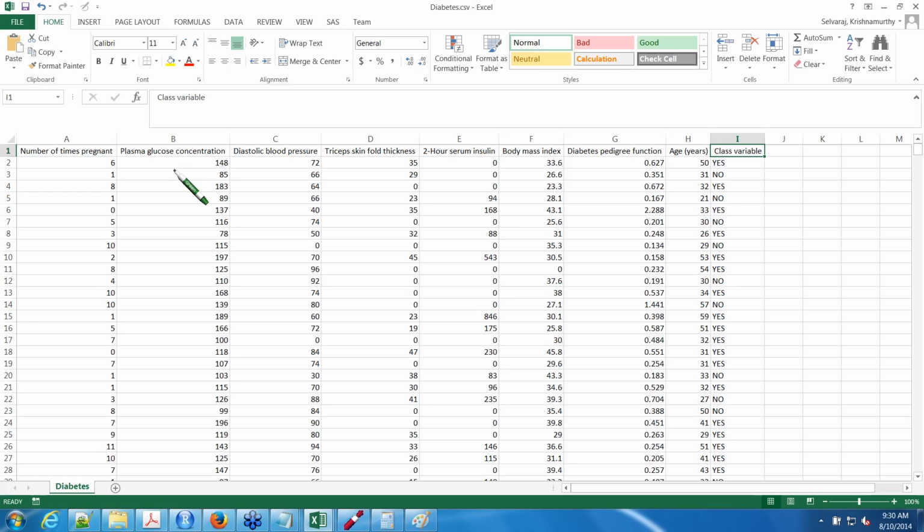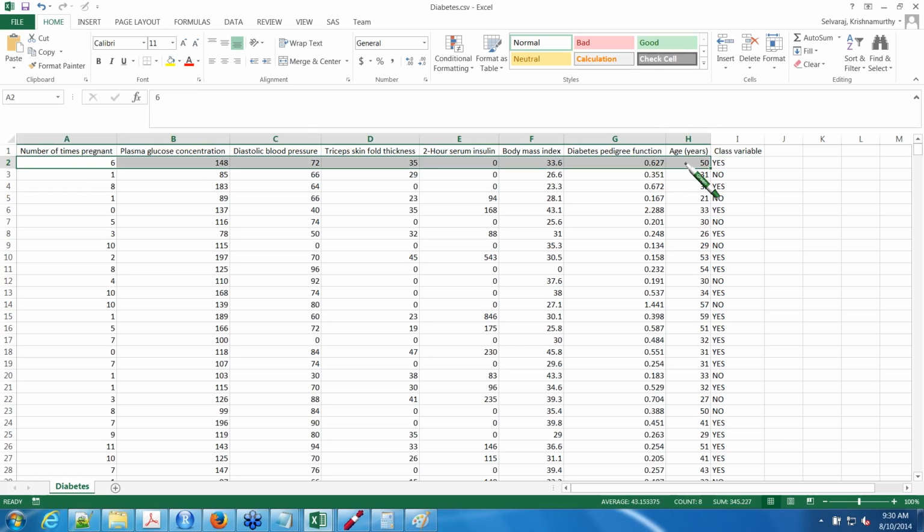If I feed this dataset for a future patient coming to the hospital, I'm going to predict whether they are likely to get diabetes or not. This is my dataset which is already available in my hospital. With that I'm going to train the system to learn and to predict for future data. Is the requirement clear?